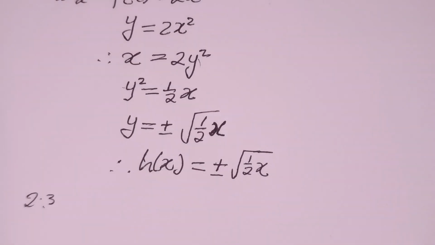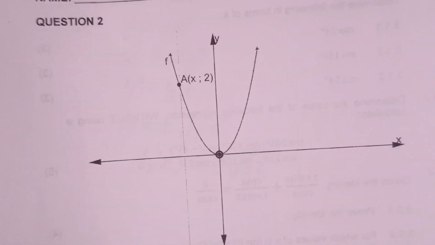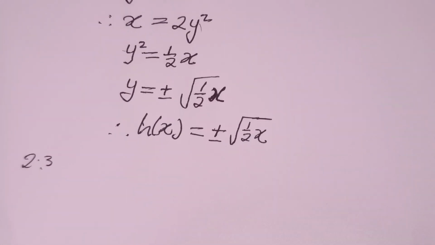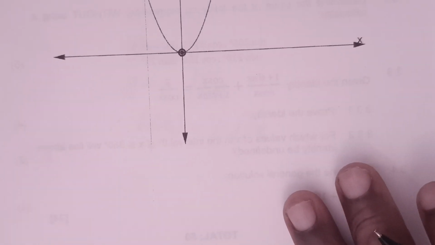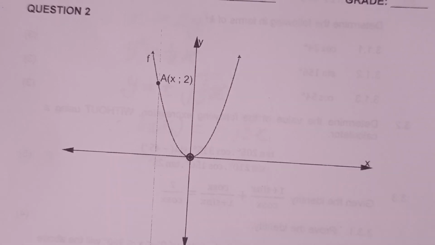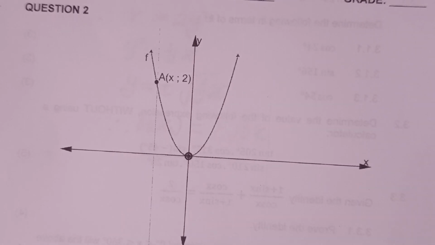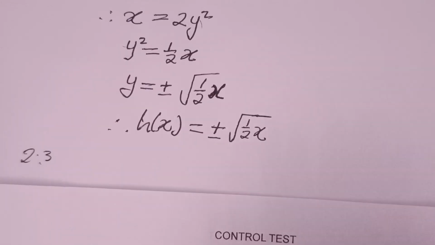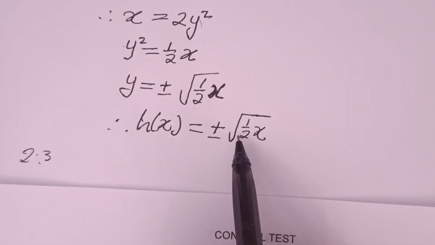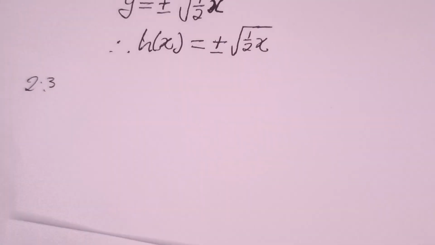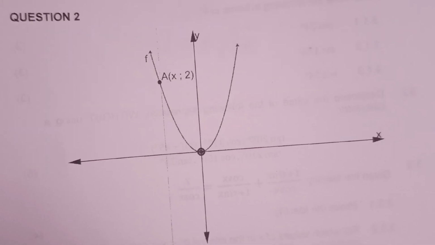Now, we have to draw the inverse of this particular function, which is the function of h, on the same set of axes with the original function.